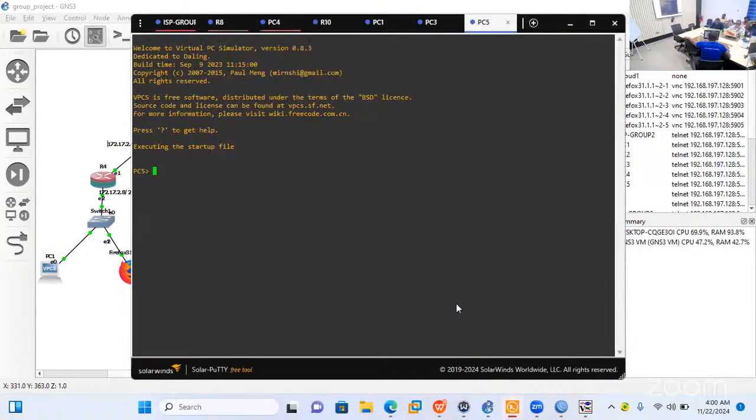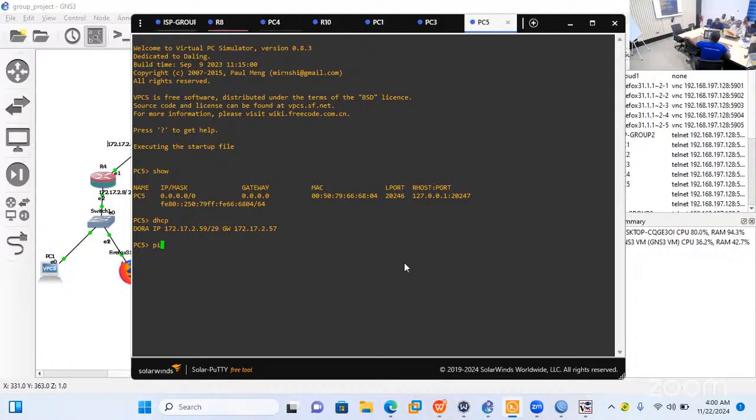Okay, so I don't see an IP address on this computer. That's interesting. Okay.